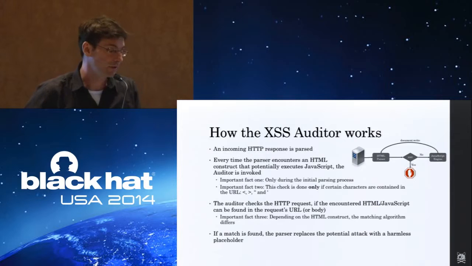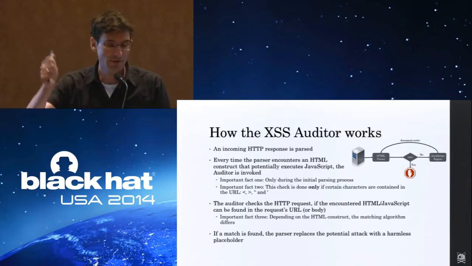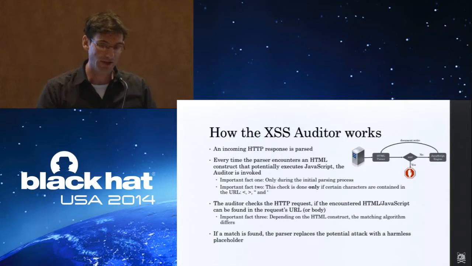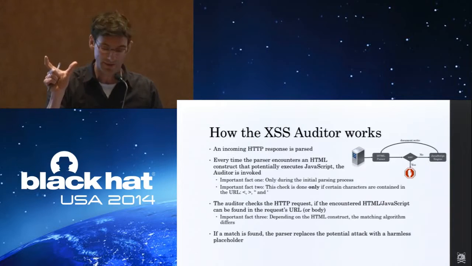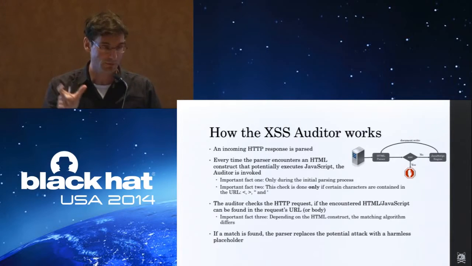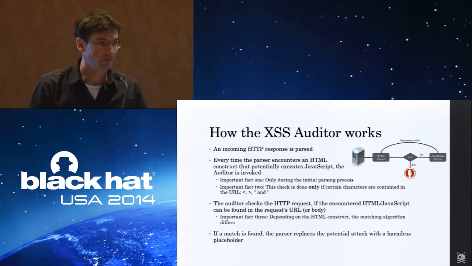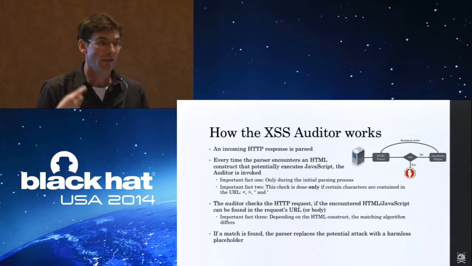So, if we have the situation that we found a JavaScript, the invocation criteria have been met, and we found a matching part of the URL, for example, that contains this JavaScript, the auditor concludes, okay, this is an active, successful cross-site scripting exploit, and therefore the JavaScript is removed during the parsing.